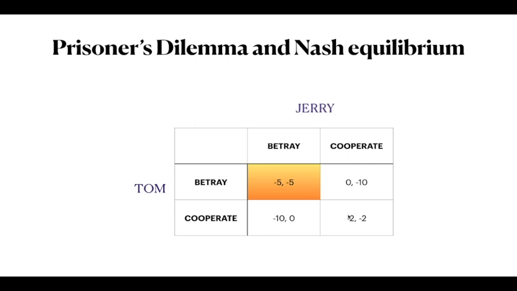For example, if both of them are choosing to cooperate, then a person has an incentive to change the strategy to betray, and he gets to go free. Thus, it is not stable.